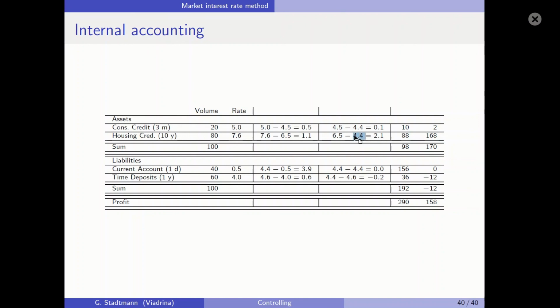Also here, the bank could get liquidity at the interest rate of 4.4% at the daily rate, but is investing in an asset with 10-year maturity. So these 2.1 percentage points here are due to the fact that the bank is able to borrow liquidity short term and is selling this liquidity at the very long term.